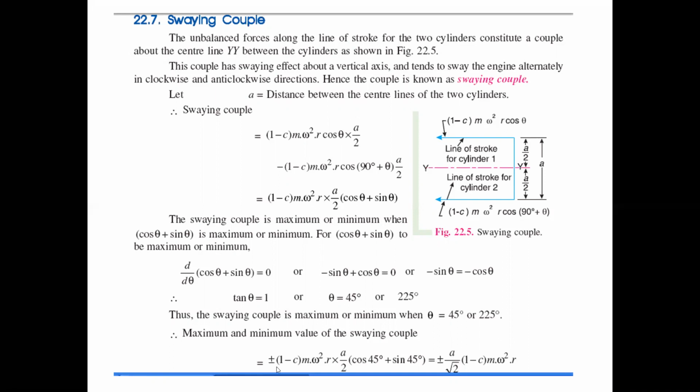So the value will be plus or minus (1 minus c) m omega square r a by 2 into (cos 45 plus sin 45), which equals plus or minus a by root 2 into (1 minus c) m omega square r. So that is our swaying couple effect.